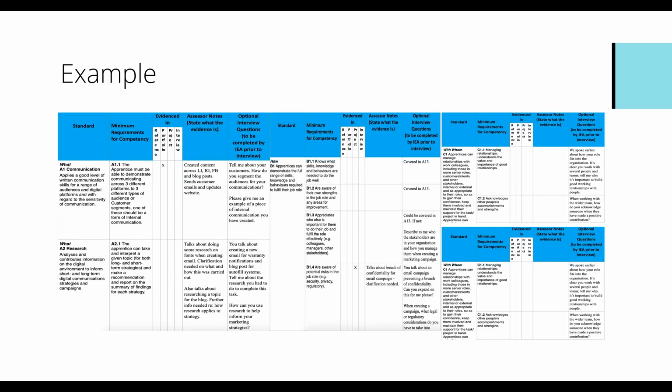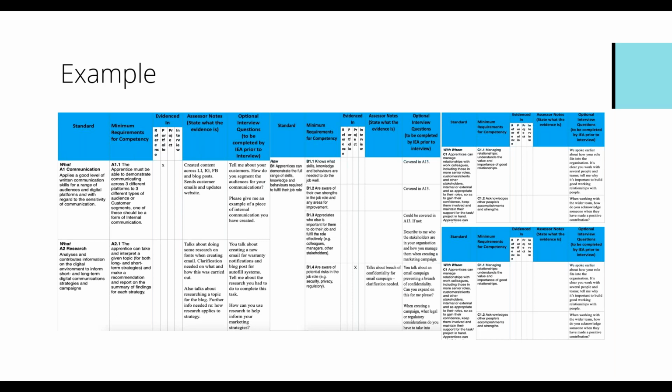So as I mentioned a couple of moments ago, what we've got here is an example of a digital marketer. Now remember, I mentioned that we have 4 assessment methods, which when fully assessed will result in an overall grade being awarded. This extract is taken from the EPA Resource Pack, and as you can see on the left-hand side, we've got the standard.